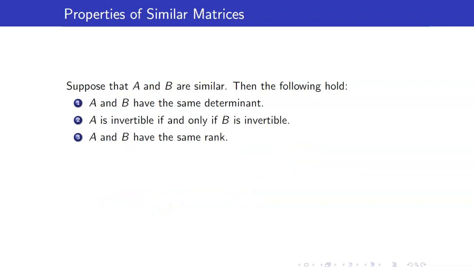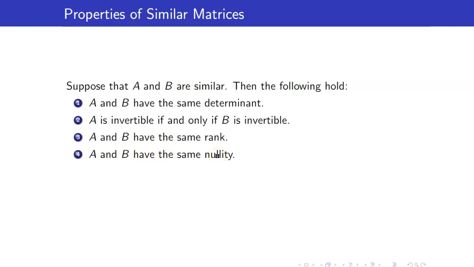Another property of similar matrices is that they will have the same rank. I will no longer prove this. An immediate consequence of this property is that if A and B have the same rank, then A and B would also have the same nullity.